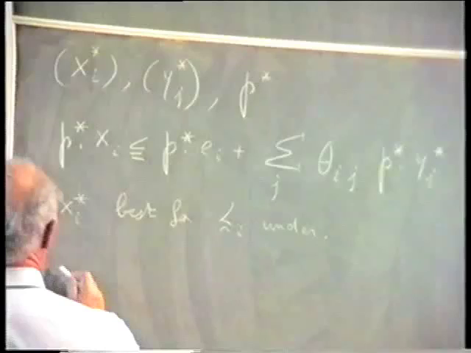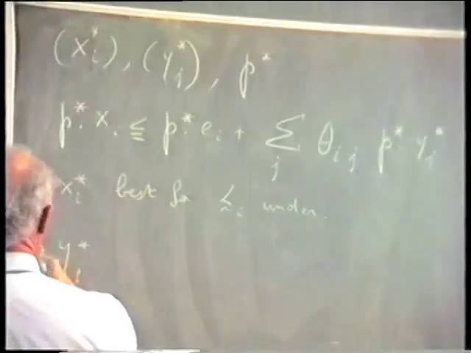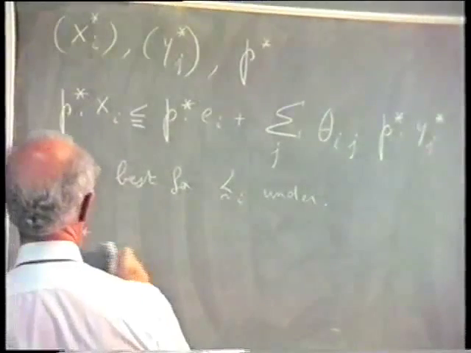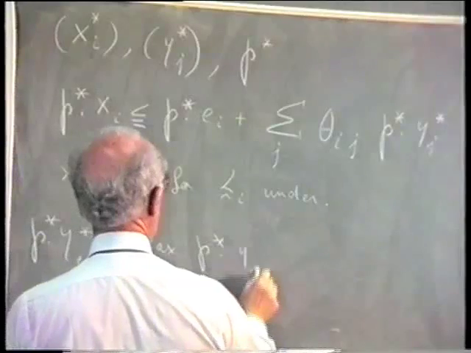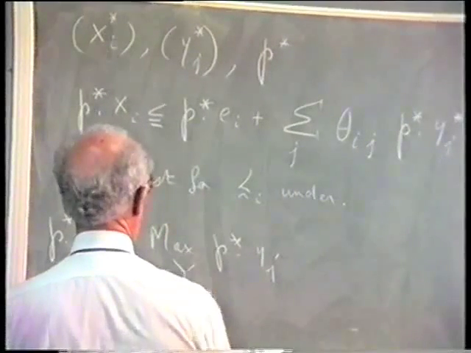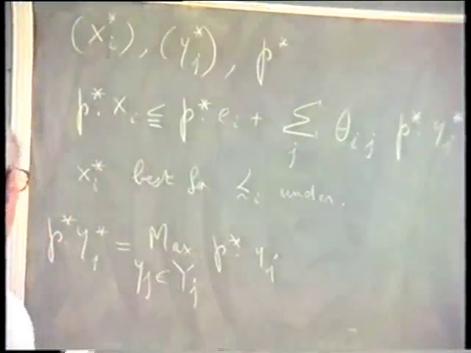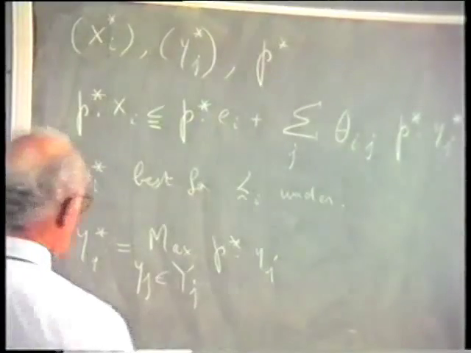For the jth producer, y_j star must maximize profit, or p star dot y_j star must be the maximum of p star dot y_j when y_j belongs to Y_j. Given the price vector, the producer must satisfy this equality.